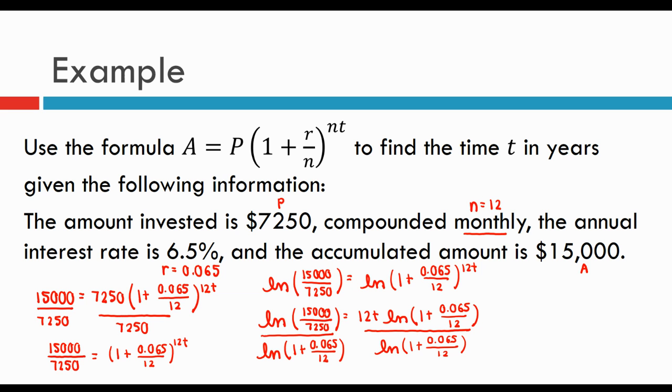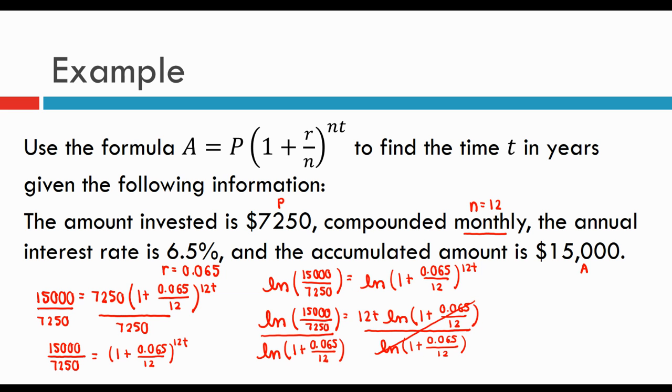So hit the natural log button, 15,000 divided by 7,250, close parentheses. Then divide by natural log and then 1 plus. You might want to put that 0.065 over 12 in parentheses and then make sure once again that you close the parenthesis. So you'll divide, you'll get a big decimal, leave that big decimal in your calculator.